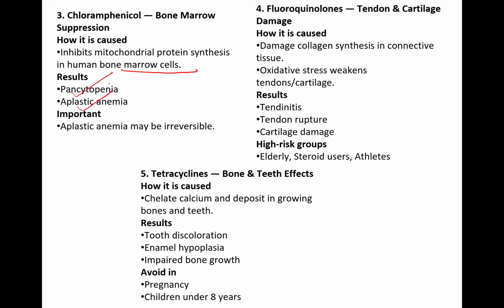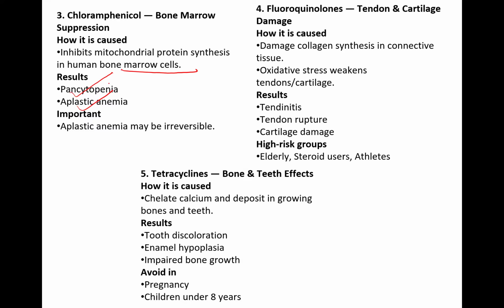Pancytopenia means all blood cells will be deficient, not just anemia. Anemia means the hemoglobin is decreased, RBCs are the problem. Leukopenia means leukocytes are reduced. Neutropenia, neutrophils are reduced. But in pancytopenia, all blood cells are deficient. Aplastic anemia sometimes can be irreversible, so it is very important.